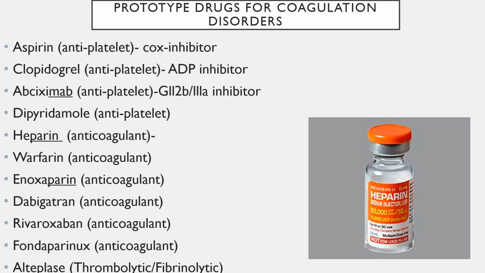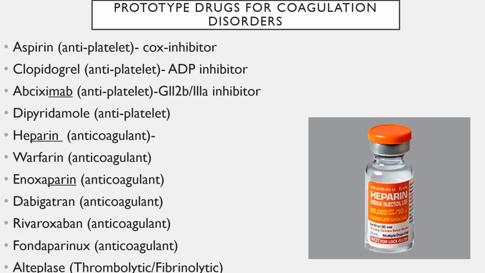Okay, so when we're talking about any particular drug, it has to be either an antiplatelet drug or an anticoagulant drug, because those are the two arms of the clotting system, right?